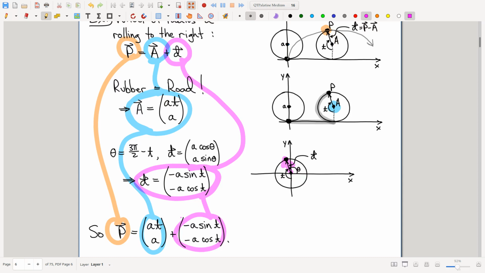Axle plus spoke gives me the reflector, and so boom, here's your formula for the reflector. So we've parameterized the motion of the reflector.